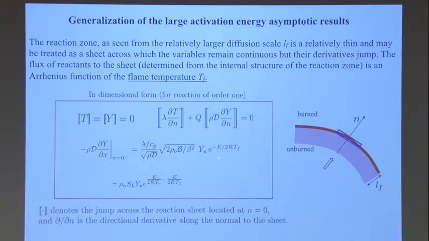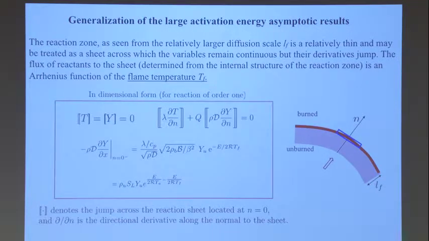One more thing that we are going to do in this expression. Remember that when this T was TA, the expression was exactly the flux, so it was rho_u S_L times Y_U. So if I just multiply and divide by the factor e to the E over 2R TA, then the expression with the minus is S_L, and the rest is just that deviation.